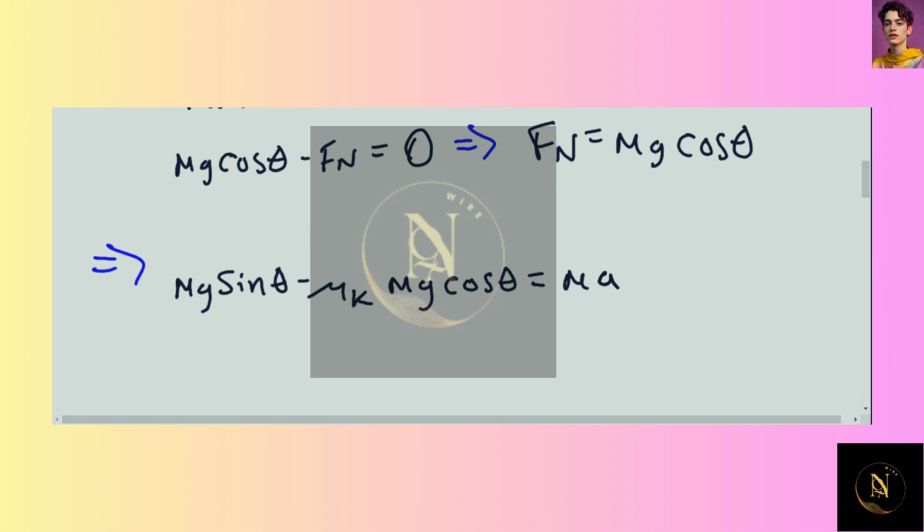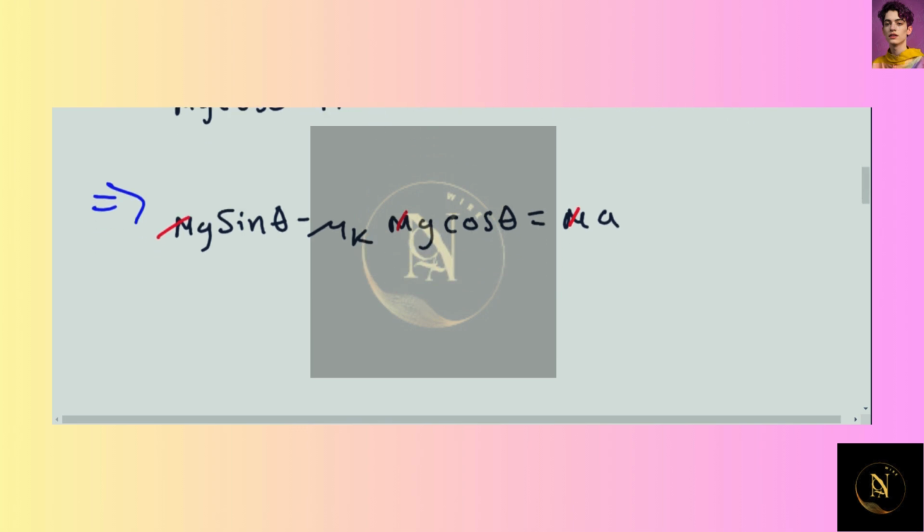If you notice, the masses cancel out, which is a good thing because we were not given the mass of the car, and we can see just from our equation that we don't really care about the mass in order to find the acceleration. So we're left with the acceleration, this is what we're looking for, equals g sine theta minus mu k g cosine theta.